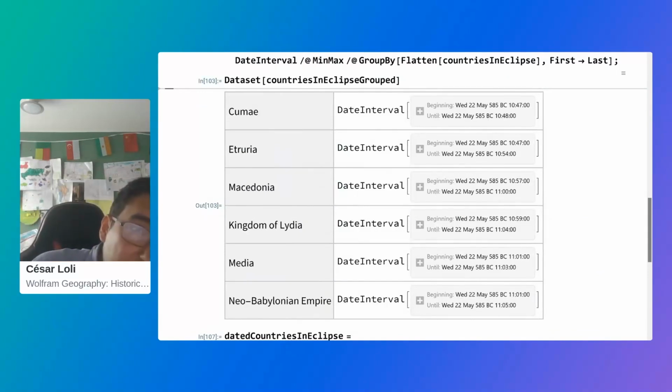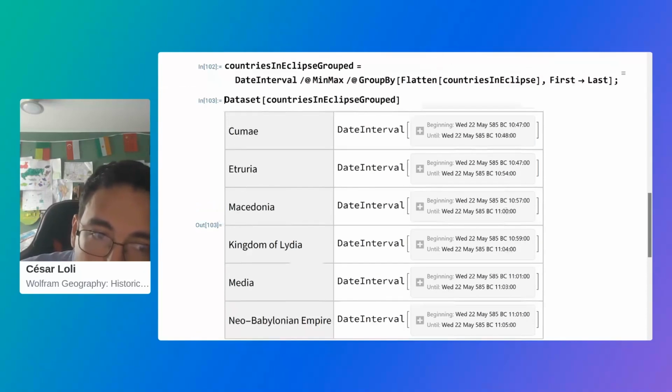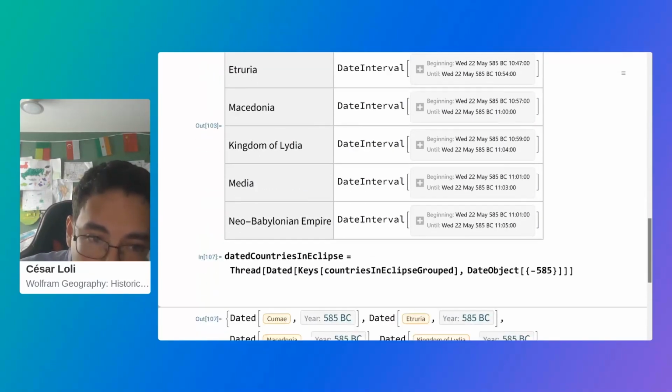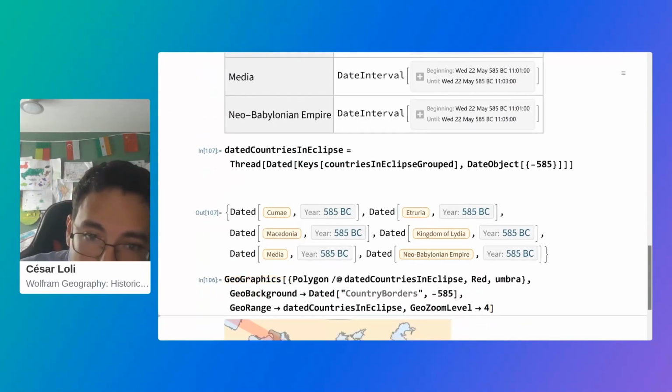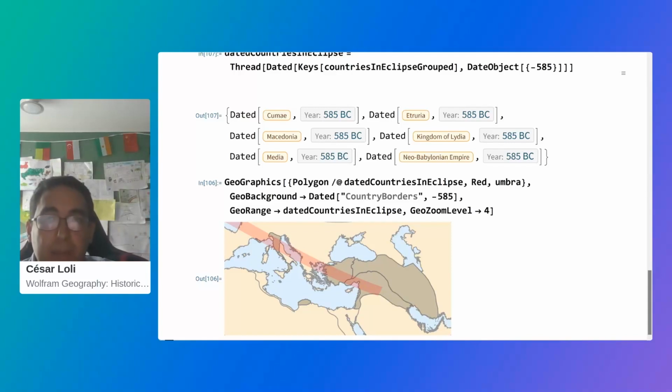So we can see here in the year 585 BC from which historical countries the eclipse could be seen. We can see here a map of the historical countries and the trajectory of the eclipse.